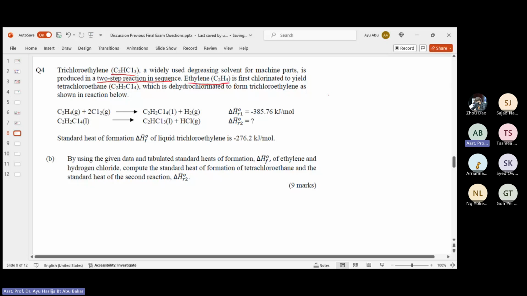Ethylene, C2H4, is first chlorinated to yield tetrachloroethane, which is dehydrochlorinated to form trichloroethylene as shown in the reaction below.